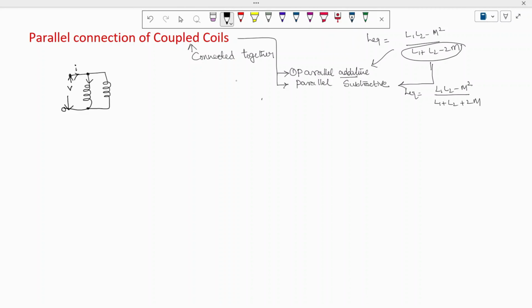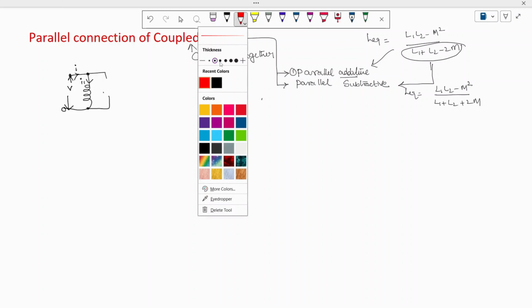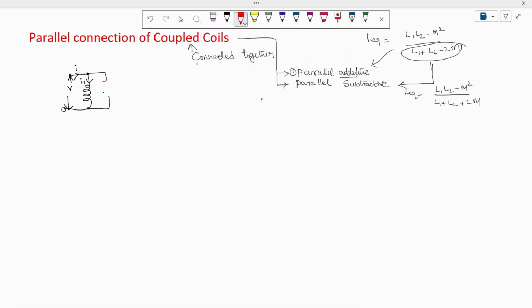The current in this branch I'm going to write down as I1. Now just for understanding, I am changing the color of this inductor. This is the second coil, and the current in this branch is I2. The value of this inductor is L1, and the value of the other inductor is L2. Now let's try to do the derivation part.